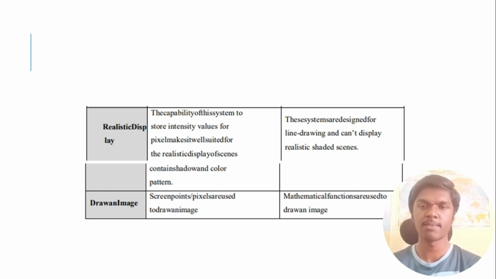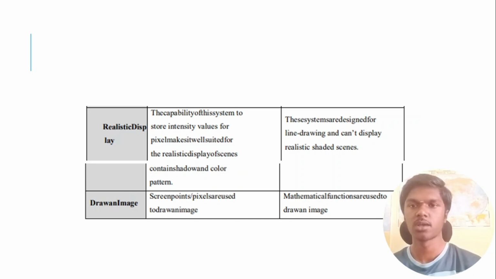For realistic display, the capability of the raster scan system to store intensity values for pixels makes it well suited for the realistic display of scenes containing shadow and color patterns. Whereas random scan systems are designed for line drawing and can't display realistic shaded scenes. In terms of drawing an image, the raster scan display uses pixels to draw an image, whereas in the random scan display, mathematical functions are used to draw an image.